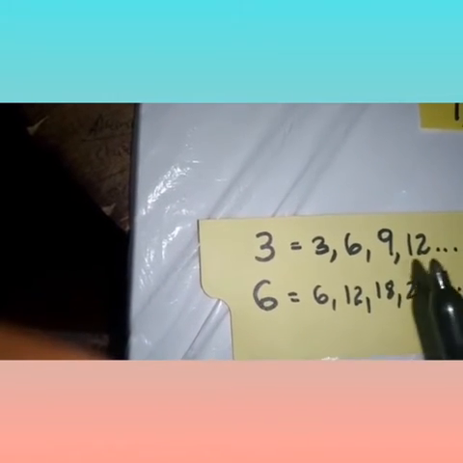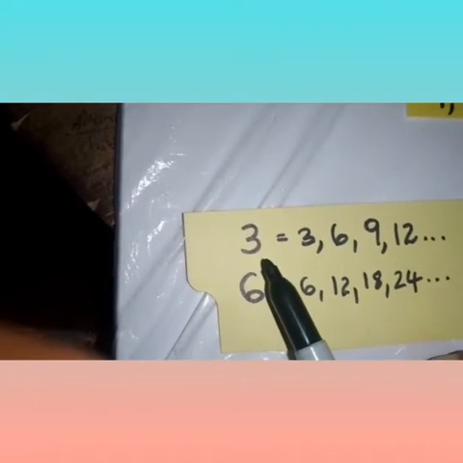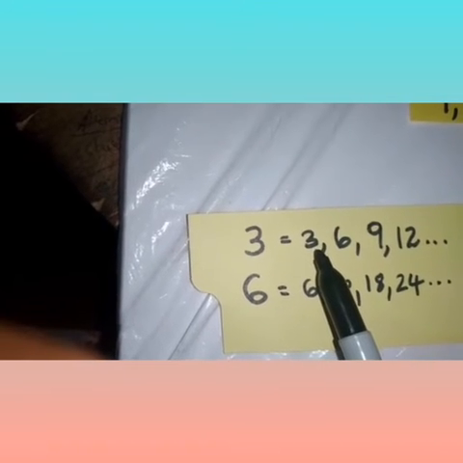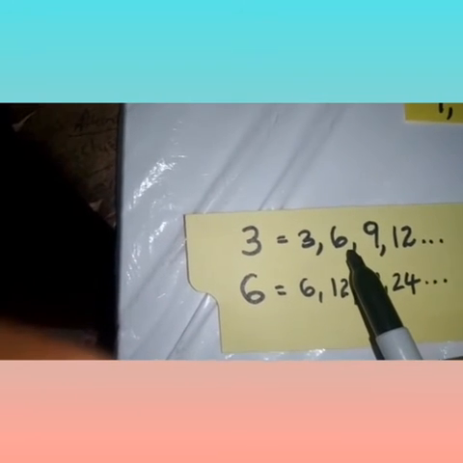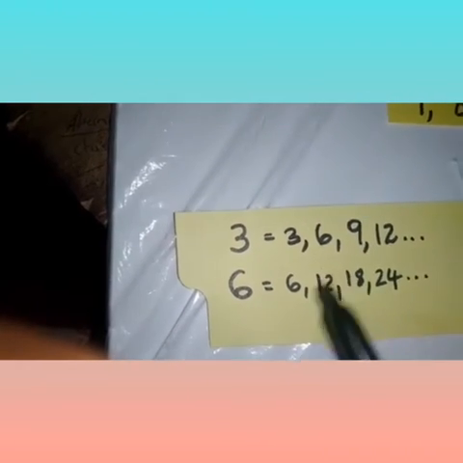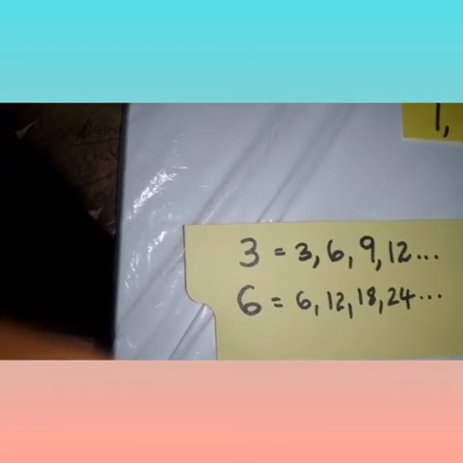The first multiple is always the number itself. So the first multiple for 3 is 3. Now to get the second multiple, we add 3 plus 3, and that is how we got 6. To find the third multiple, we add 3 to 6, and that is how we got 9. Alright, so that is another way of finding your multiples.